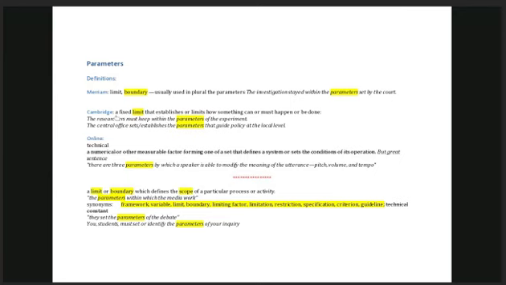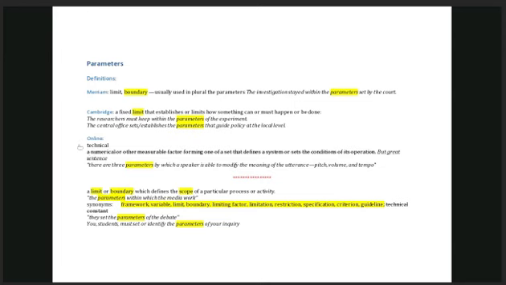In the examples: the researchers must keep within the parameters of the experiment. The central office sets or establishes the parameters that guide policy at the local level. Well, I won't be setting your parameters. You have to do that yourself.